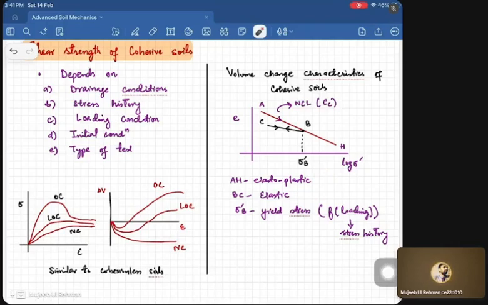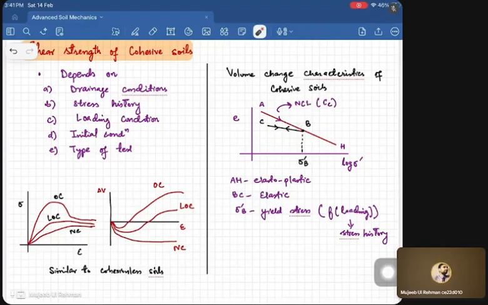Now, during the loading, when we are shearing the sample, at some point, let's assume B, we tell the sample to stop, and we are now going to the unloading part, allowing the sample to unload from B to C. During this part, whatever load comes in this portion B to C will be less than what the soil has achieved at point B. It means there will be a kind of stress relaxation.